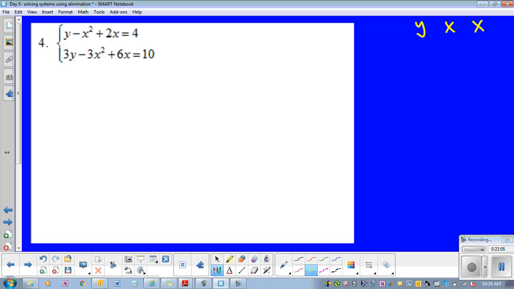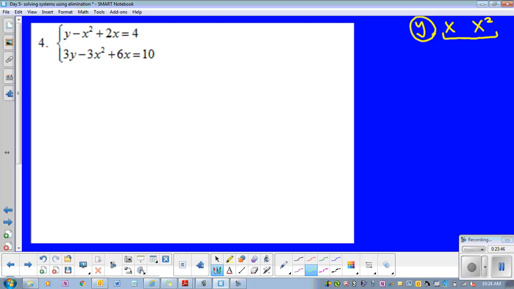X squared. Okay. So, you know, like in Sesame Street, don't they sing that song where it's like one of these is not like the other? Find the one that doesn't belong. So here, which one of those is not like the other? Yeah, the y. Because the x and the x squared are related, since one's an x and the other is also an x, just an x squared.